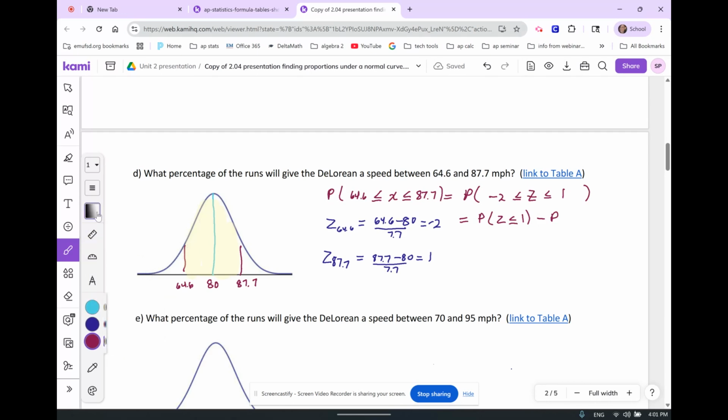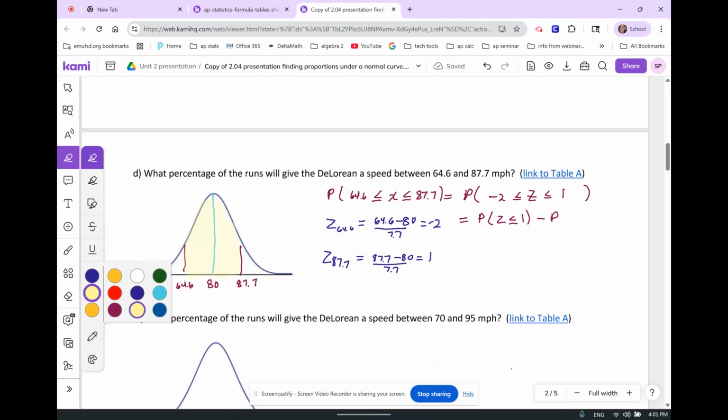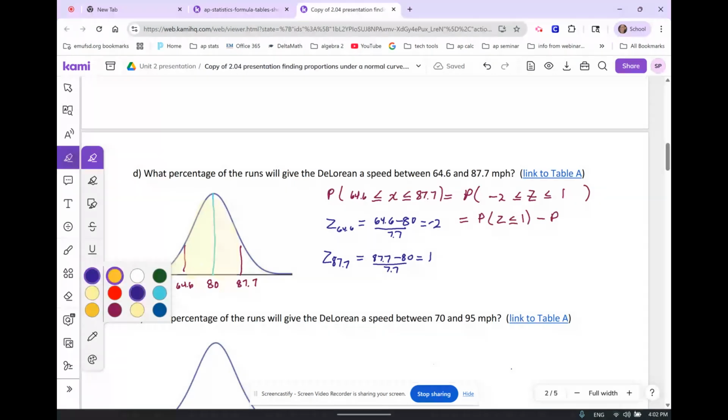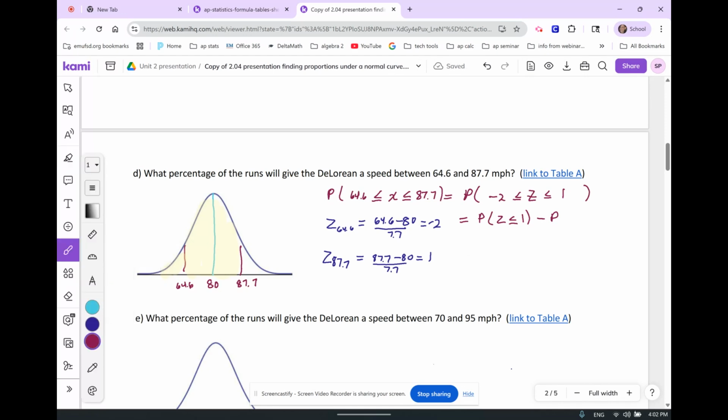In other words, if I shade that, the probability z is less than 1 is equal to, as I just showed you before, 0.8413. But that goes too far. I want it to stop at 64.6.